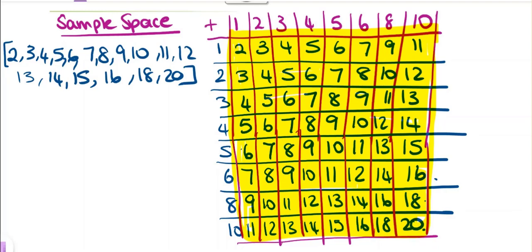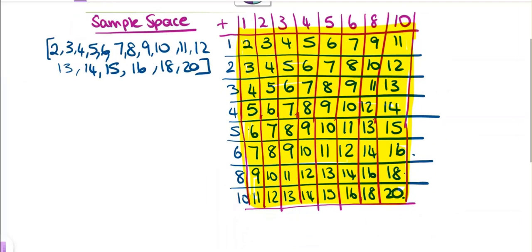So we're going to need to create a table for all of these, and we have 17 options there. So 8 by 8, so it's going to be out of 64.